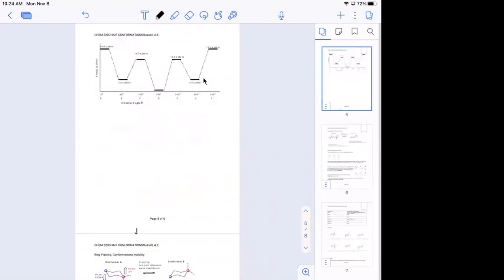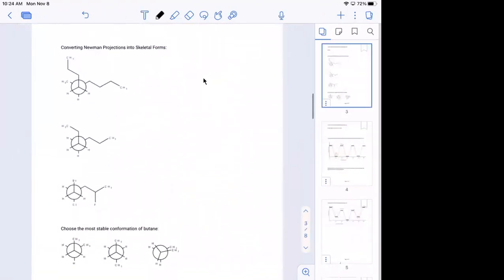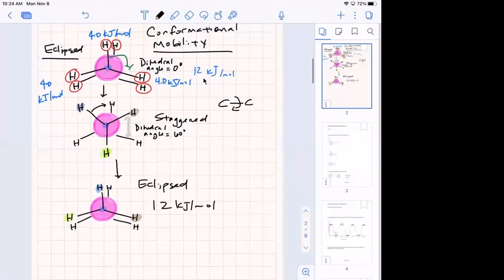All right. So the staggered conformation has the lowest energy, and it's the most stable, correct? Yes. Okay. You said "but," but the lowest energy and most stable go together. So instead of "but," it will be "and."